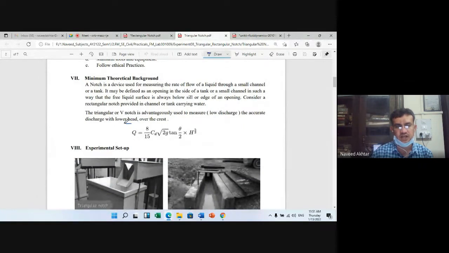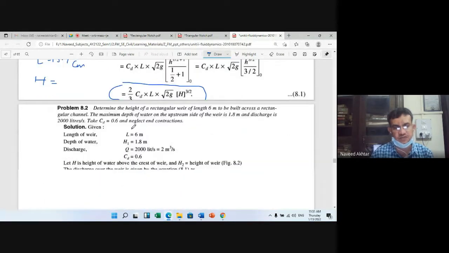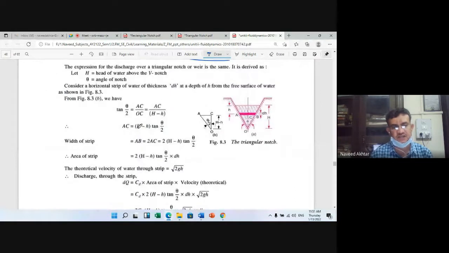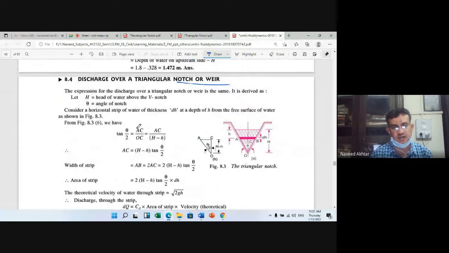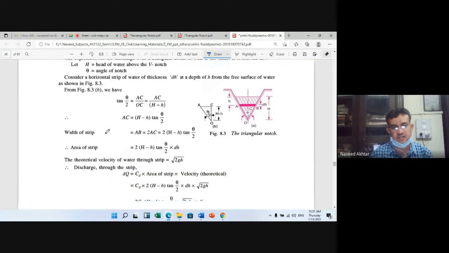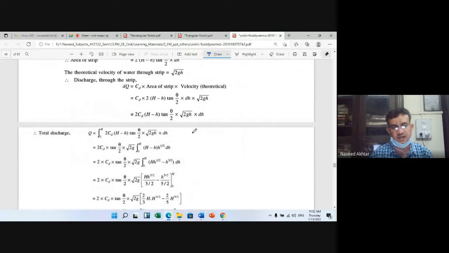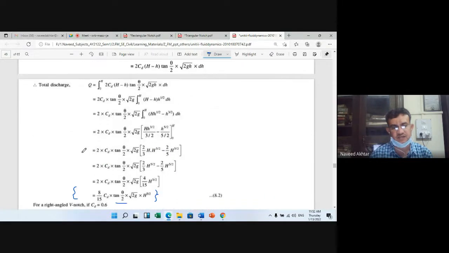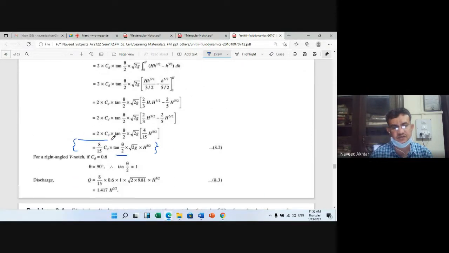Here the discharge formula is different from the rectangle. How did this formula come into the picture? This derivation is in the textbook. Discharge over a triangular notch you find by integrating the equation, and the final discharge equation we get is 8 by 15 Cd tan theta by 2 into square root of 2g into H to the power of 5 by 2.